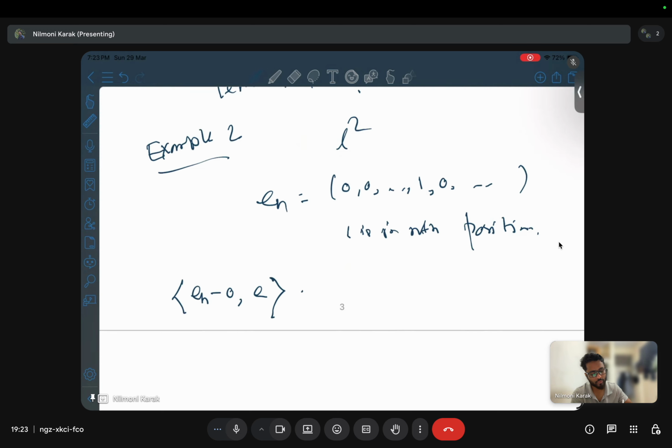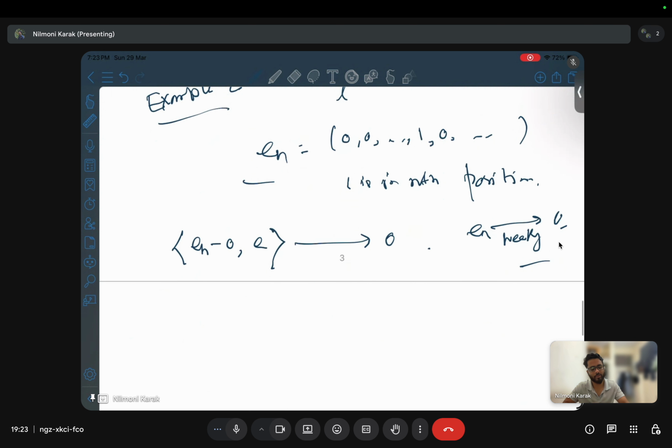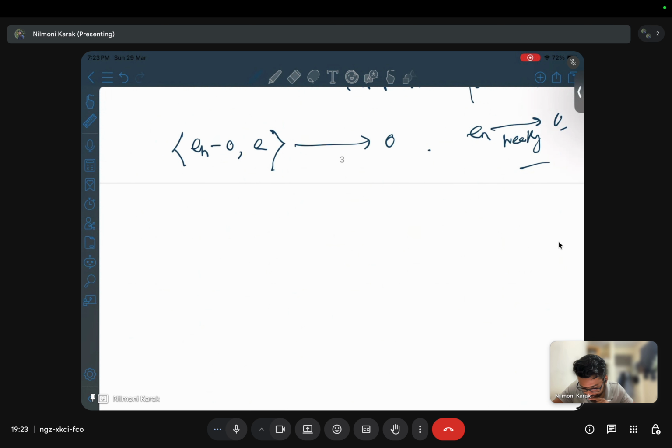So this goes to zero, and so en also converges weakly to zero. So this is also an orthonormal basis.